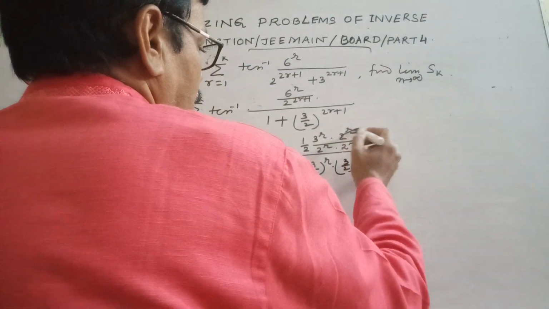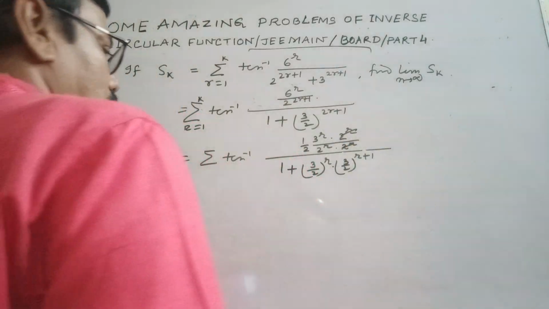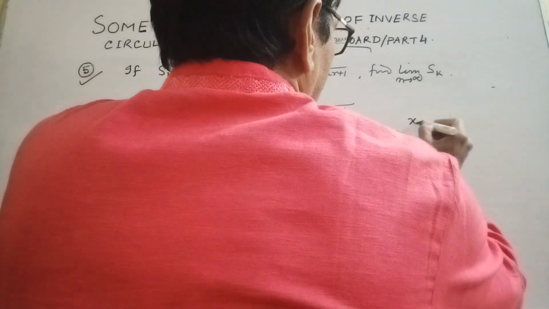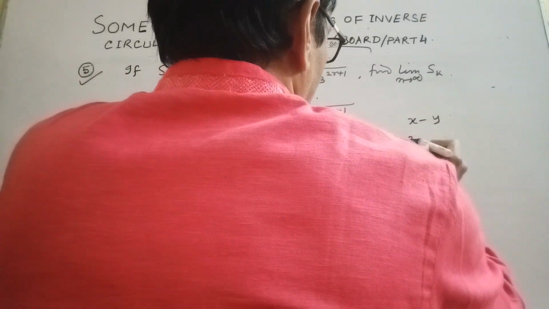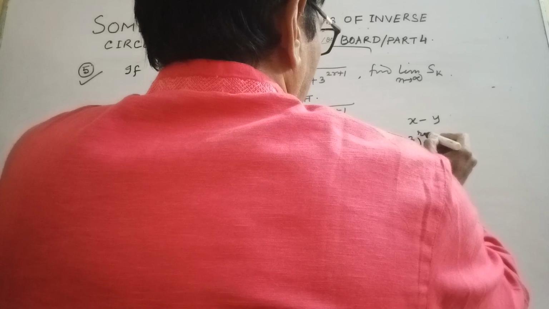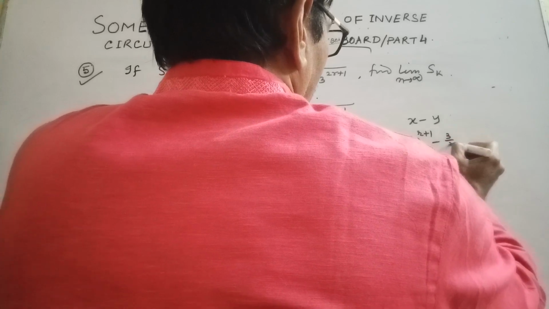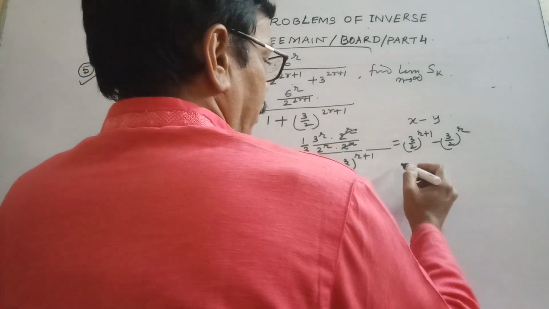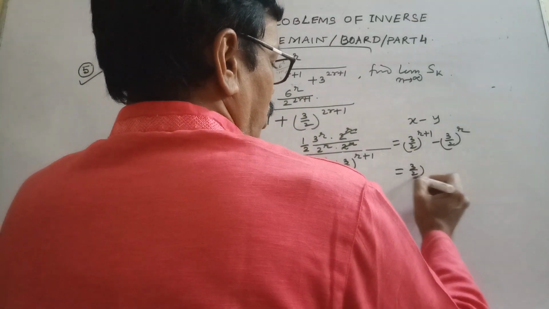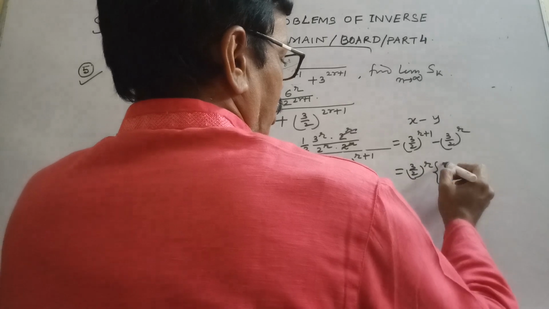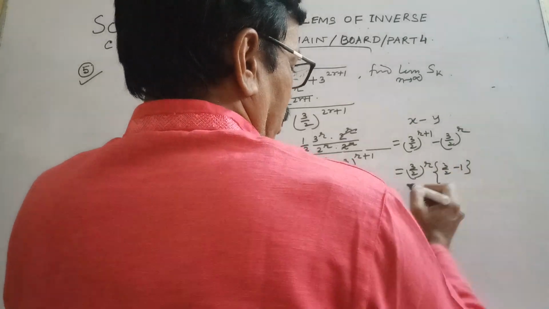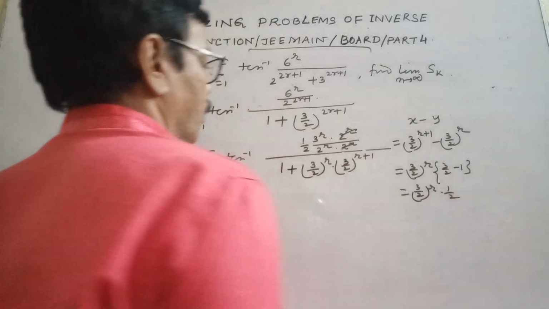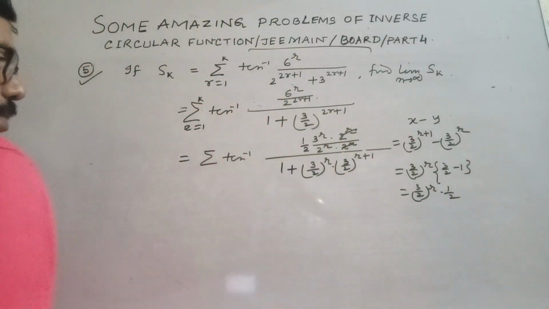Now this one is cancelled out. Now this is x and this is y. So x minus y. X means (3 by 2) whole to the power r plus 1. Taking (3 by 2) whole to the power r common, so 3 by 2 minus 1, so (3 by 2) whole to the power r into half. So we are getting this one.